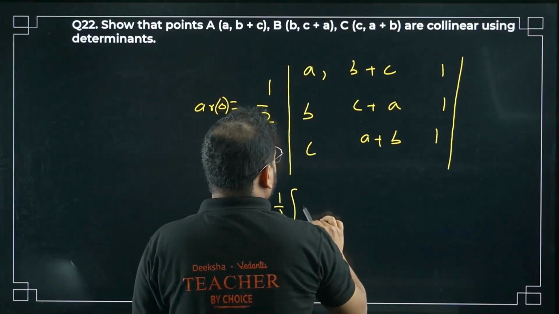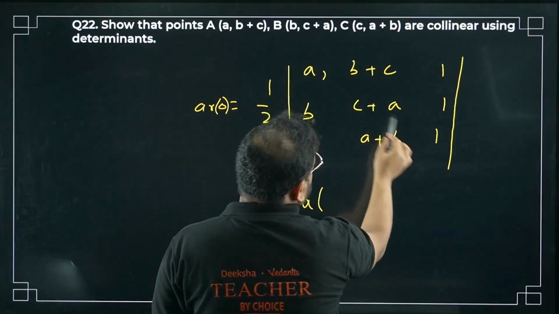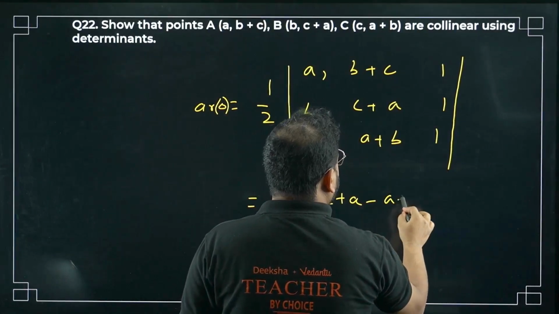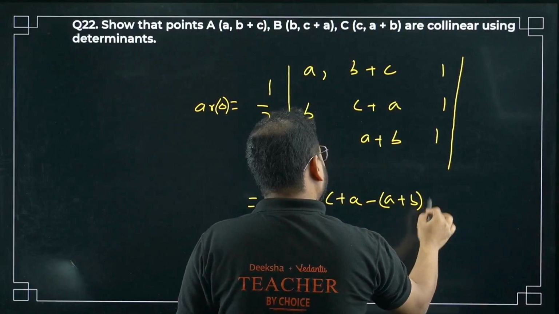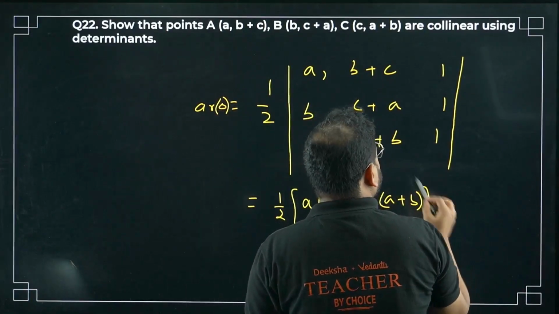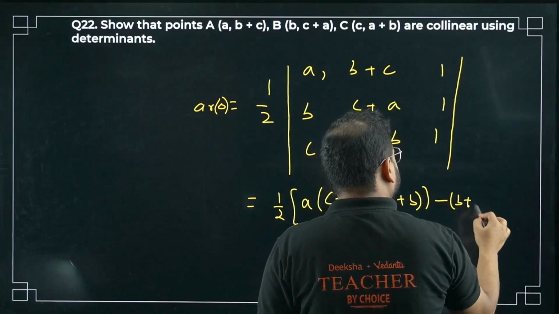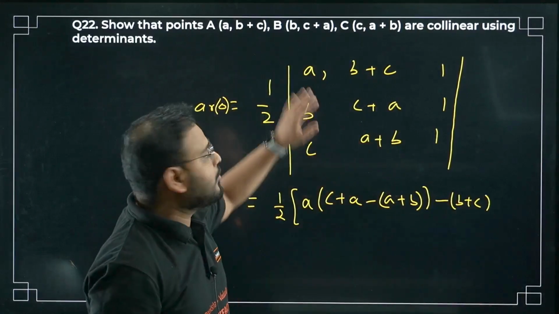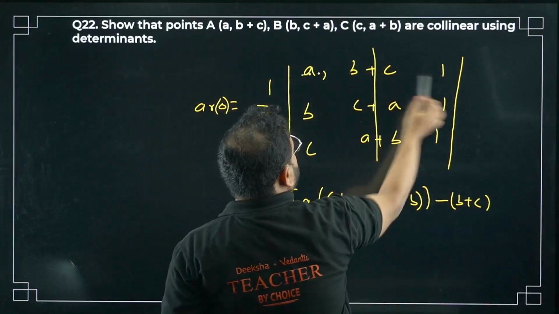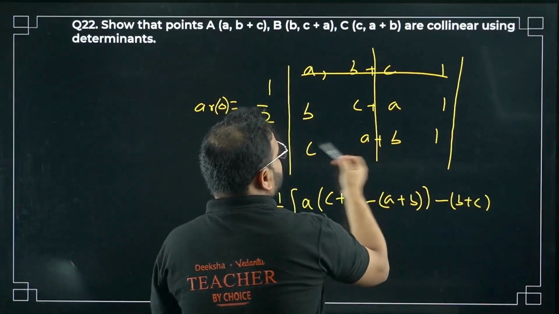Let's expand along A. So A times (C plus A) once multiplied, minus (A plus B), close this. First part is done. The second term is negative, so we write minus sign, B times (B plus C). Plus, minus, plus, so minus times B plus C. We cancel this row and this column, and what I get is B minus C, simply.